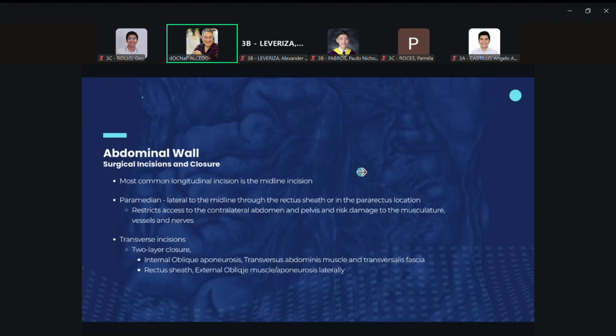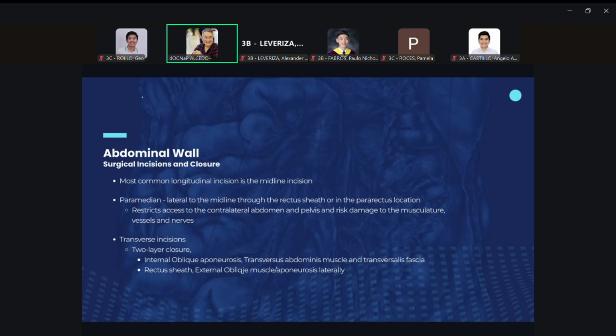So the most common is your midline incision. Paramedian, just lateral to the midline, is through the rectus sheath or in the pararectal location. It restricts access to the contralateral abdomen.